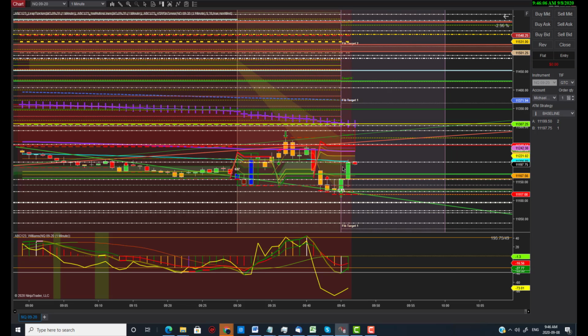So as you can see, what we have to do is just wait and see. As you can see from target 1, target 2, and fib targets, they're all lining up, so it's a very tight candle. So this would be our breakout from target 1 to the Fibonacci target, which could be at the institution line.